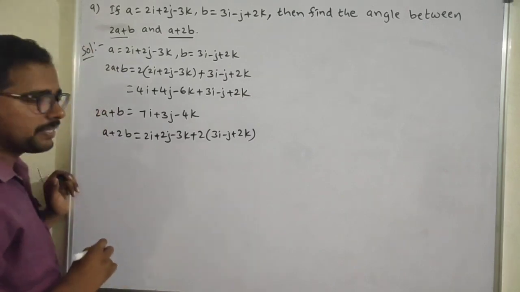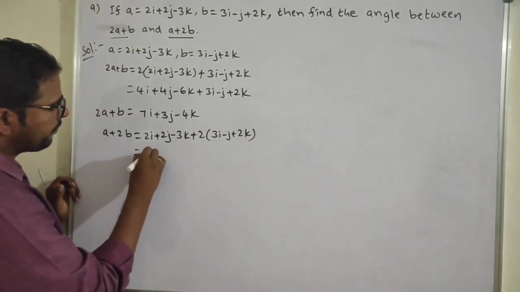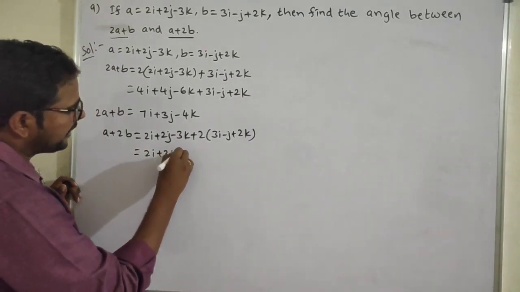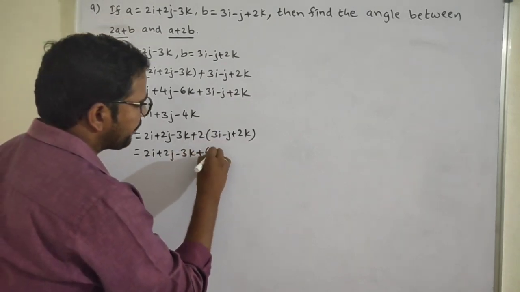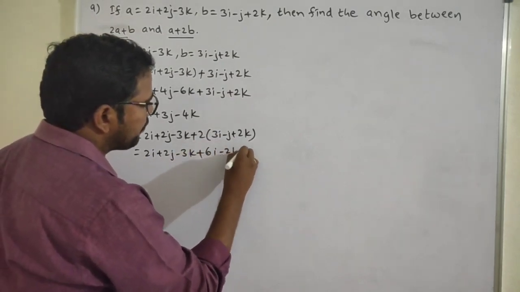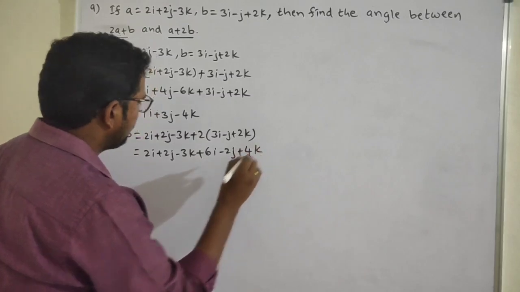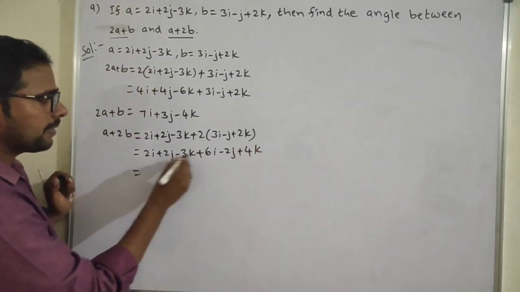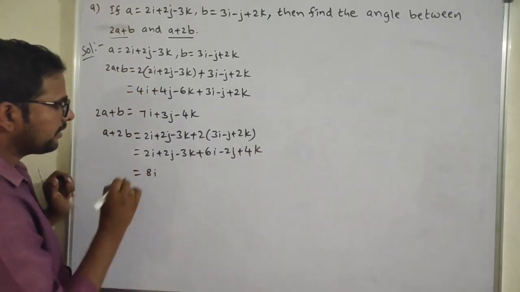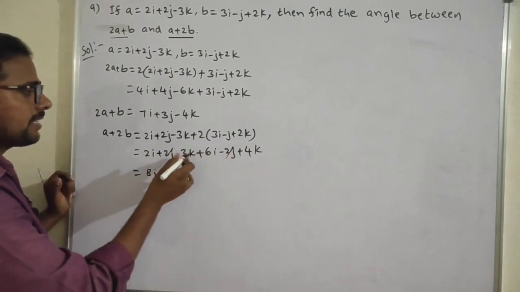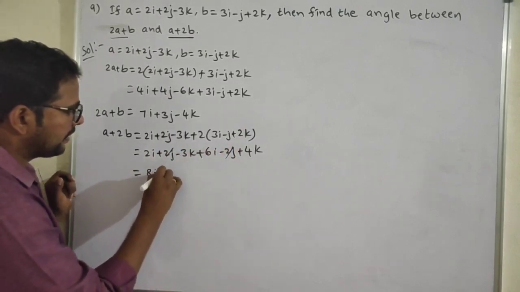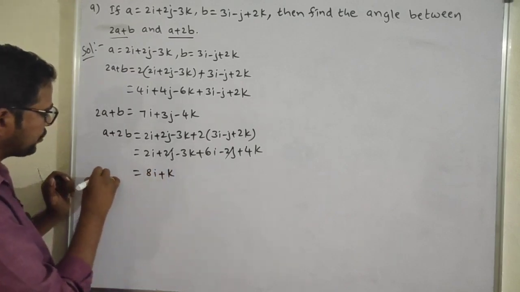Multiplying b by 2: 6i minus 2j plus 4k. Now add like terms. 2i plus 6i is 8i. 2j minus 2j gets cancelled. Minus 3k plus 4k is k. This is a plus 2b, which equals 8i plus k.